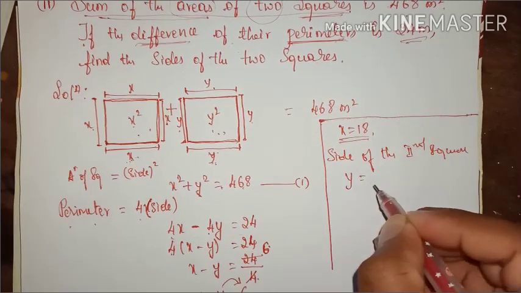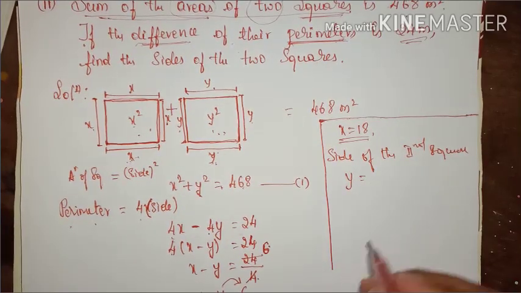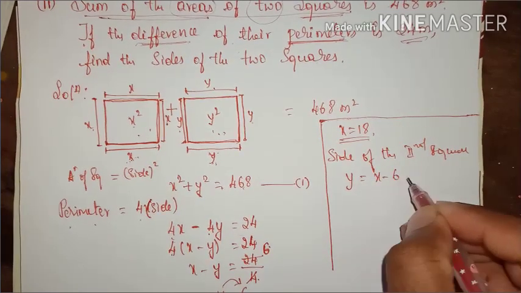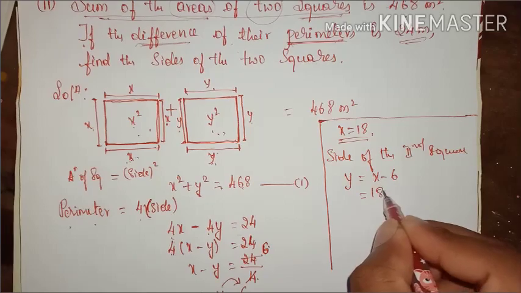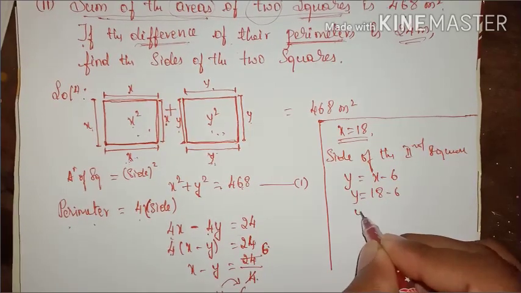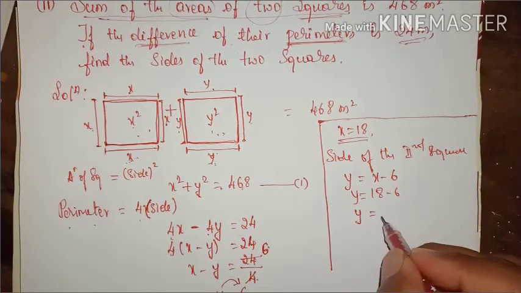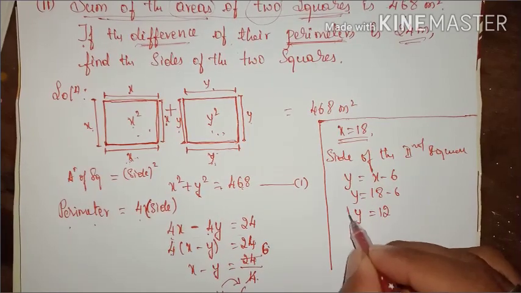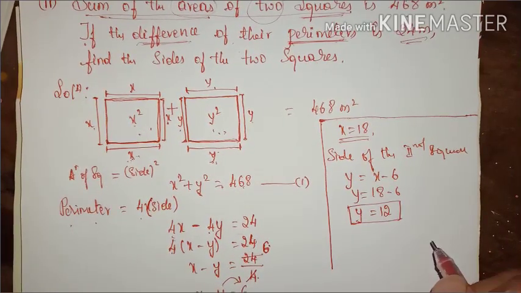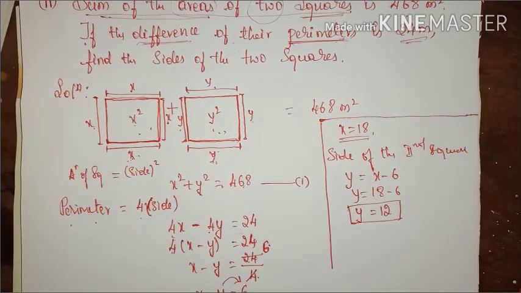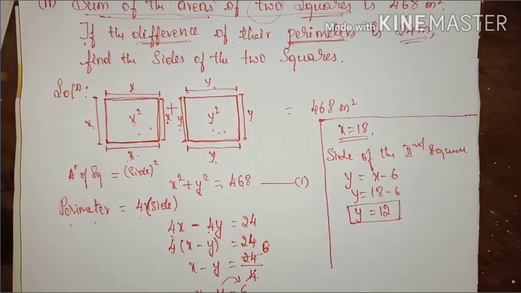What is the value of y? Y is x minus 6, we already know. Here x is 18, so 18 minus 6, y equals 12. Understood? Yes, these are the sides of the two squares. Okay, thank you.